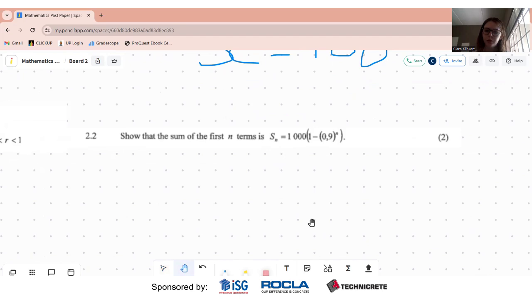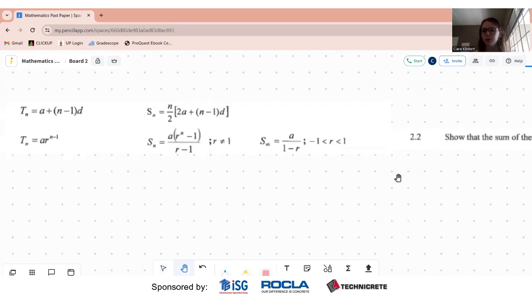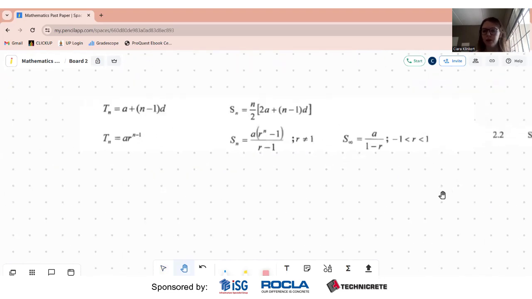So to find this Sn, the formula is actually on the formula sheet, which you will find at the last page of your paper 1 final exam. The ones with Tn are to find the general term of a sequence, and the one with an S is to find the sum of the series.